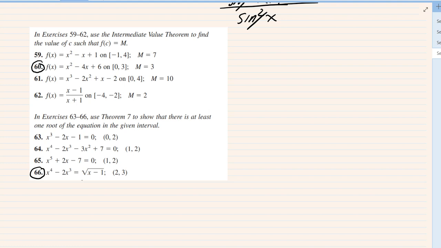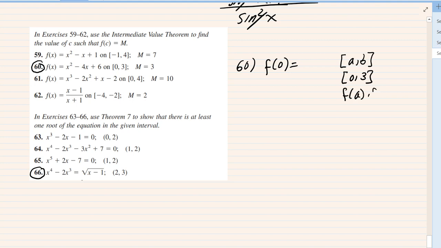So for number 60, we need to find f at 0. Remember, our interval is from a to b, and in this case it is 0 to 3. So I'm doing f at a and f at b for the intermediate value theorem. Now f at 0, you plug in a 0 here, you get 6. True?